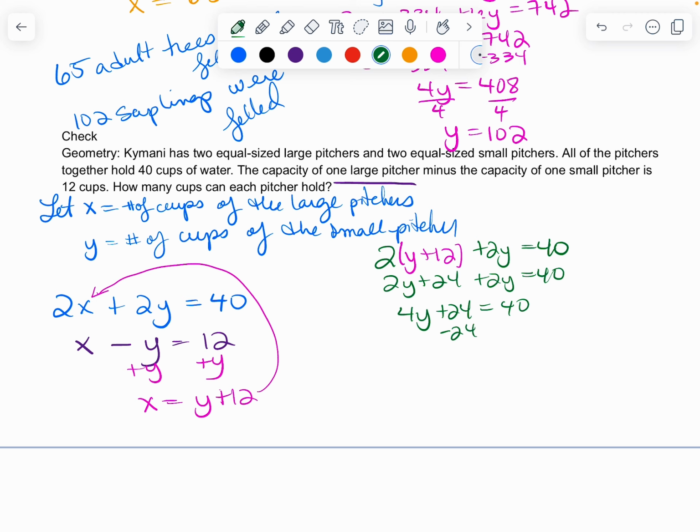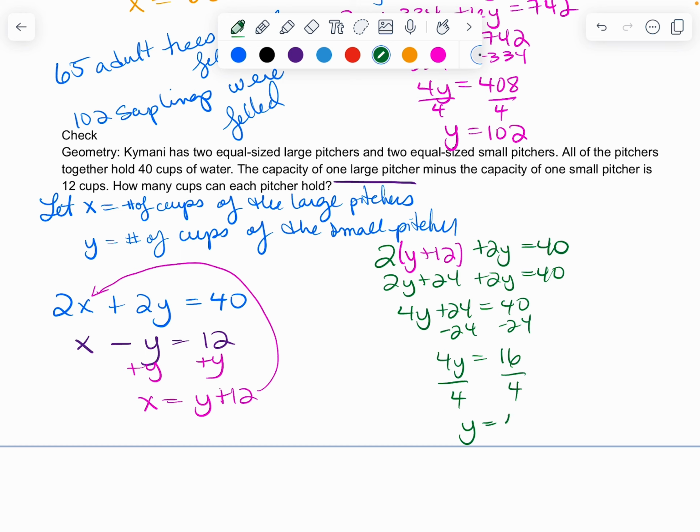Subtract the 24 to the other side. Get 4y equals 16. Divide by 4. And that gives me 4 cups for the small pitcher. And plug that back in to x minus and replace the y with 4 equals 12.